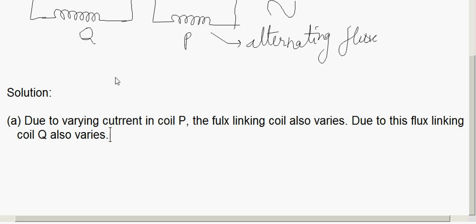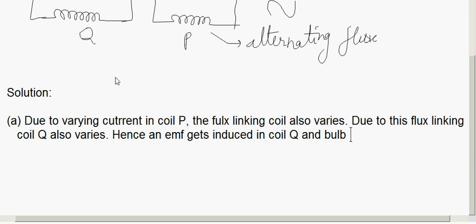Or there is an alternating flux which is linking coil Q, and hence an EMF gets induced in coil Q, and bulb B lights. Due to induced EMF, there is an induced current and the bulb B lights.